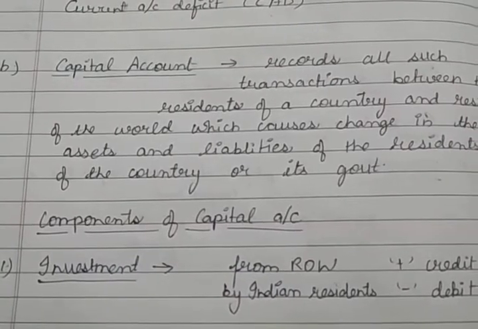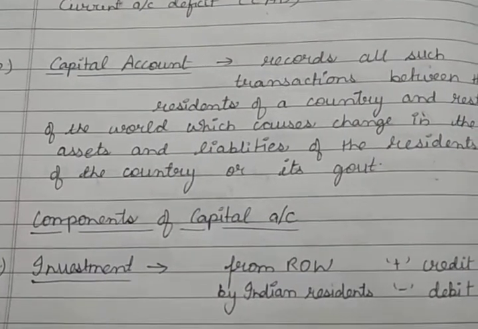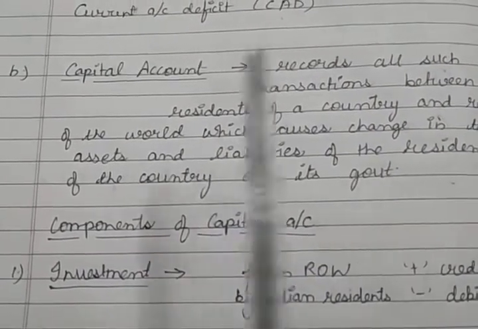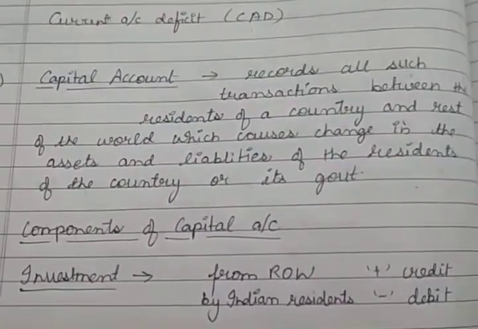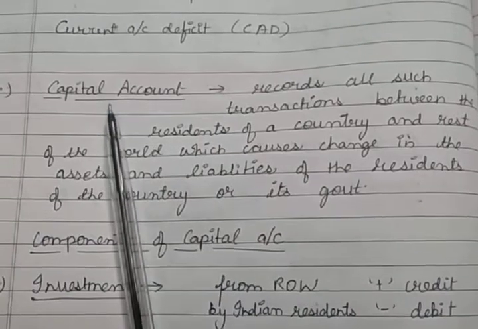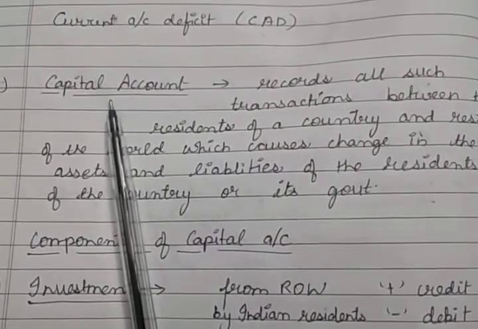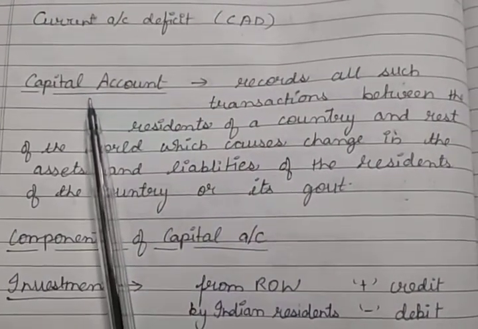After the current account and its components, now we are going to start with the second account, that is the capital account. First of all, understand the meaning of the capital account.